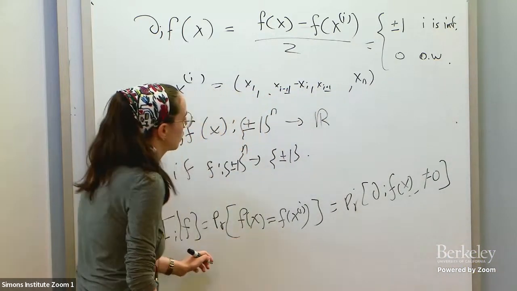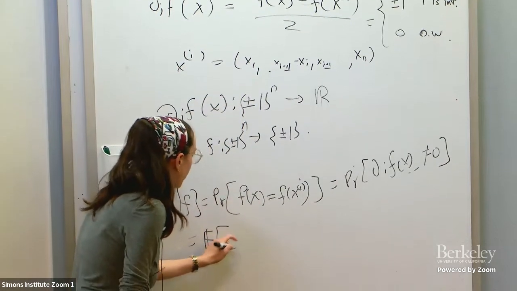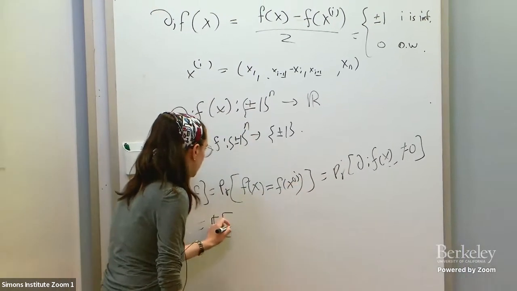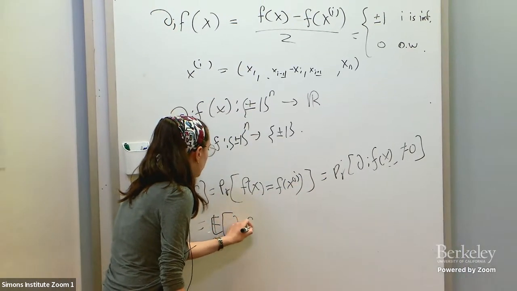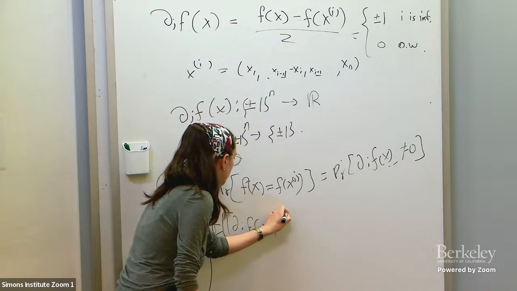So now we can write it as an expectation. Whenever it's not zero, it's exactly when it is plus or minus 1, so we can take the square of it.